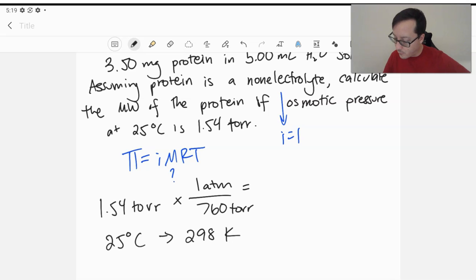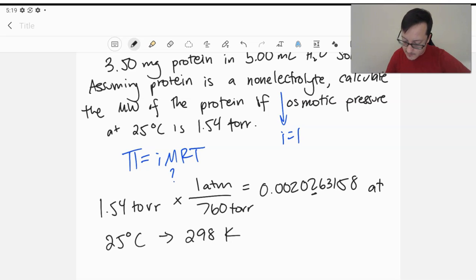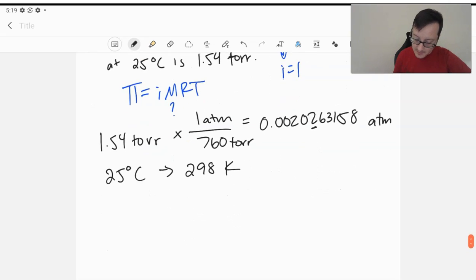So 1.54 divided by 760 is 0.0020263158 atmospheres. We need 3 sig figs here, so we'll keep that in mind. All right, so with this in mind, we can say, aha, now we can plug in some numbers.